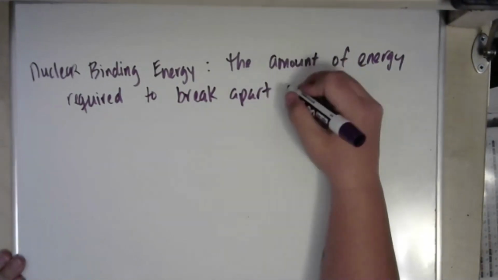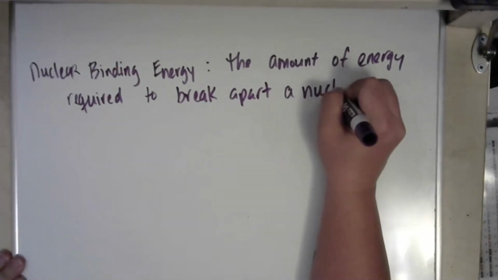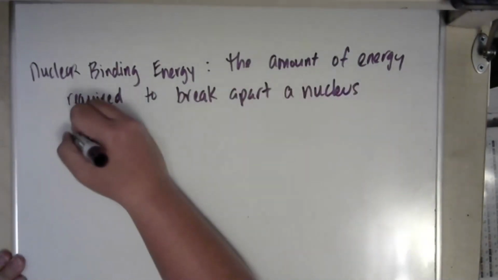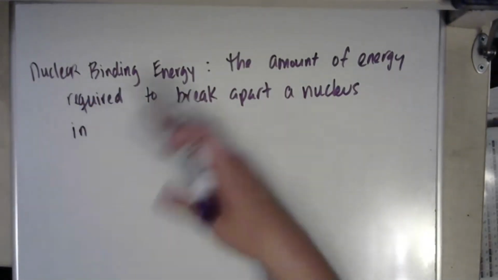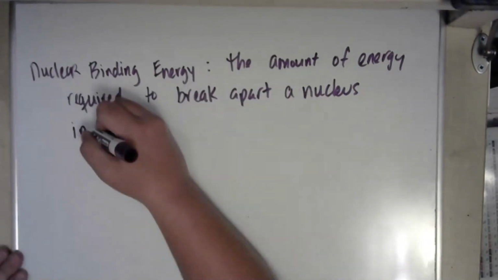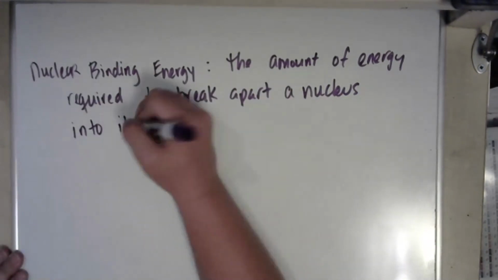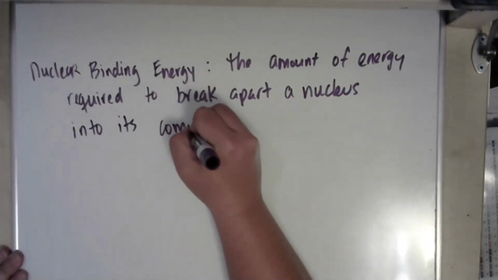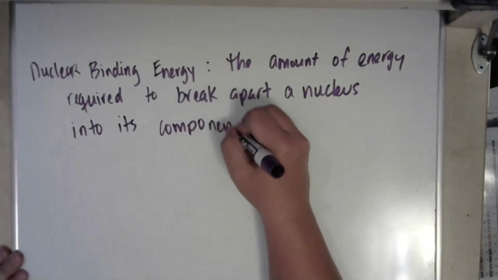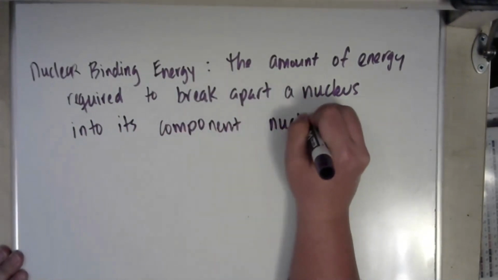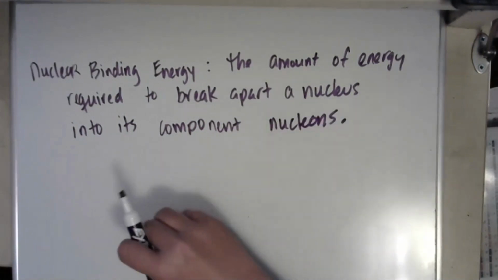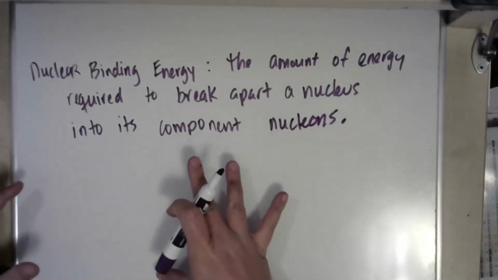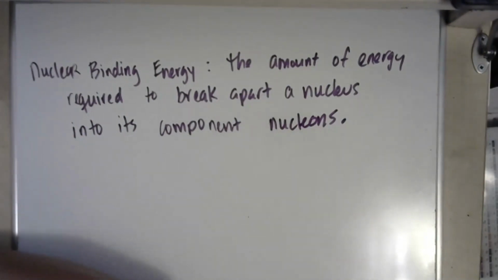So we want to break apart a nucleus into its component nucleons. And nucleons are anything that's in the nucleus, so protons or neutrons. It should make sense to you that there would be an energy cost involved if you took a nucleus and tried to break it apart. So that's going to be the energy value that we'll be finding.